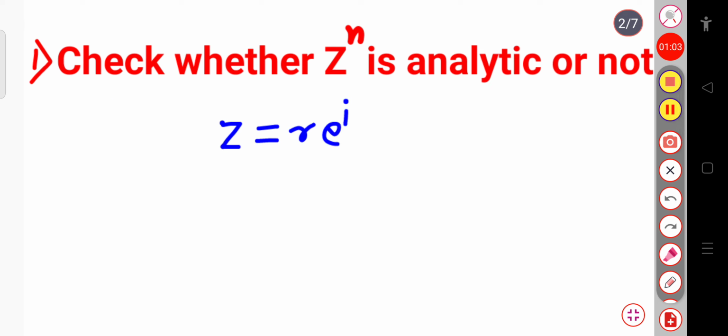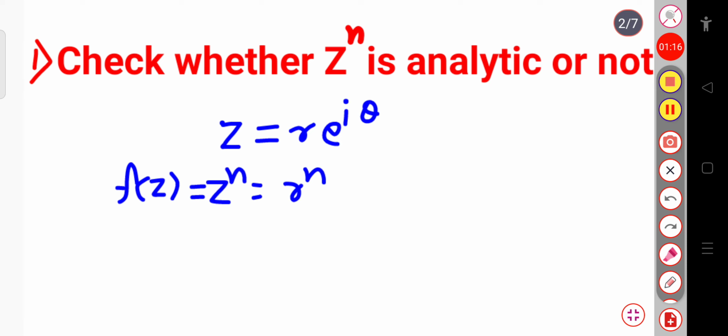So z power n, or f of z, can be written as z power n, that is equal to r power n into exponential i n theta.